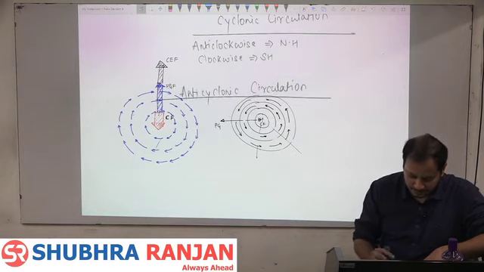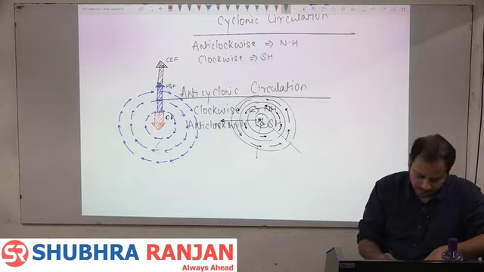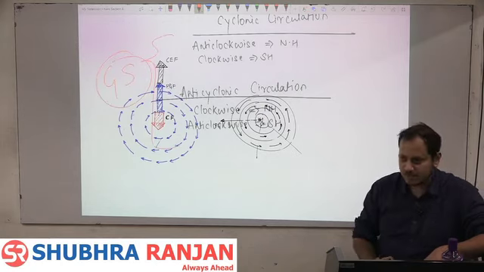And anticyclonic circulation will be clockwise in the northern hemisphere and anti-clockwise in the southern hemisphere. And these are the things you should remember for GS. That's it.